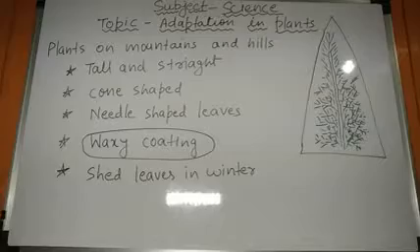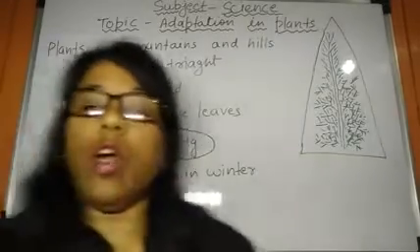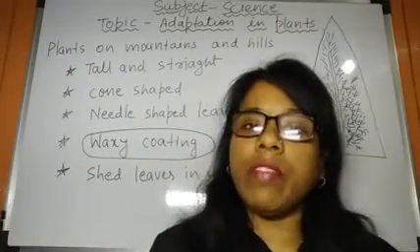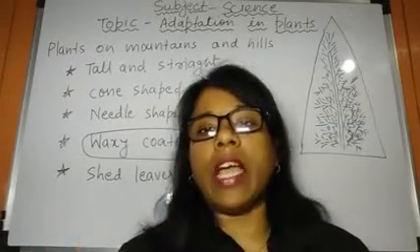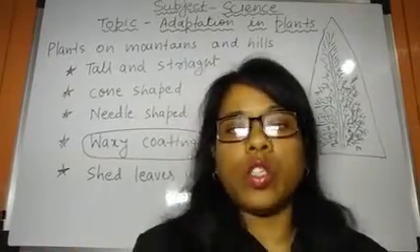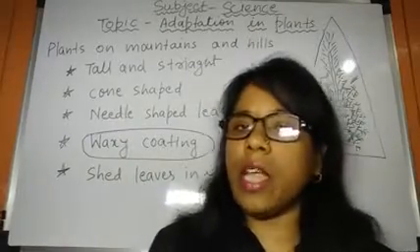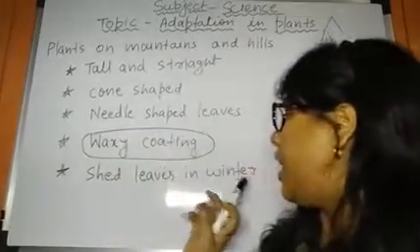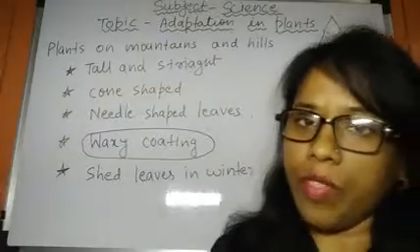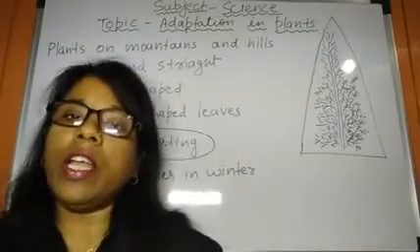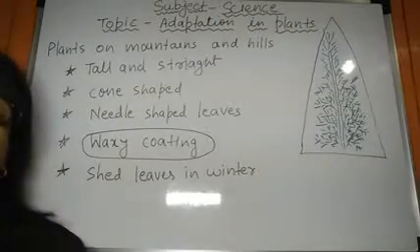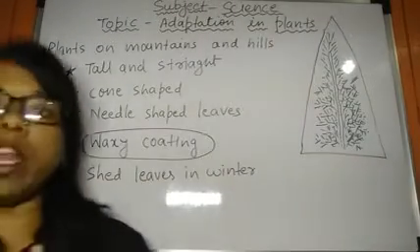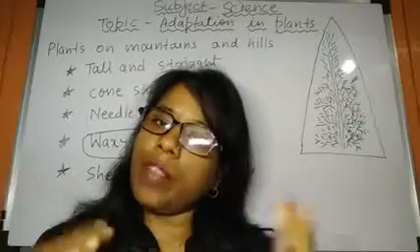Next one is shedding leaves in winter. Why do they shed leaves in winter? In mountain regions, in the winter season, plants get very little sunlight. So for saving energy, plants shed their leaves in winter season. Fine. So these are the qualities of plants which grow in mountain regions or hills.